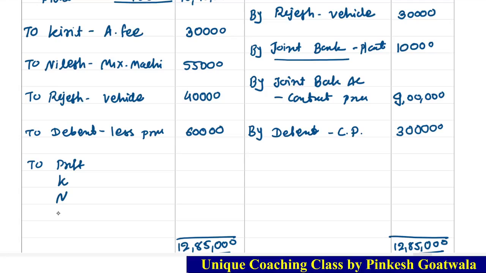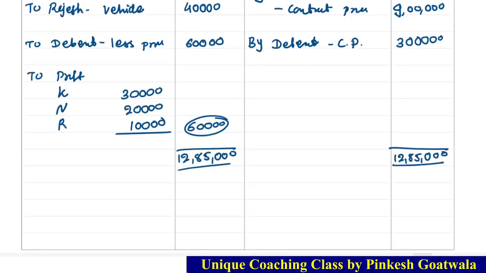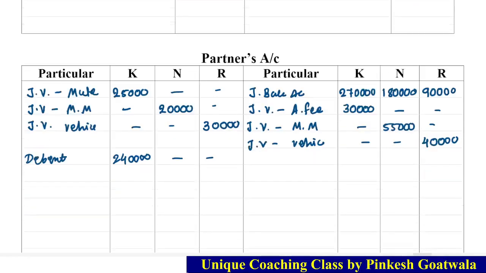Kirit, Nilesh and Rajesh. Ratio is 3 to 1. So 30, 20 and 10. Transfer to their partners' accounts. Joint venture profit 30, 20 and 10.